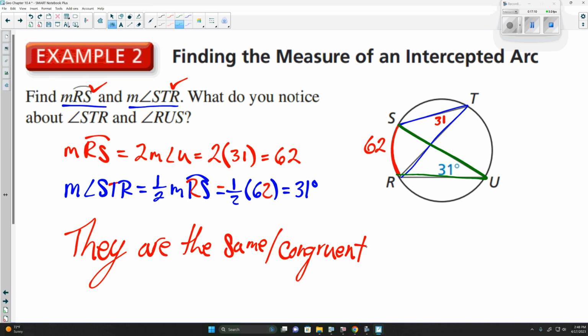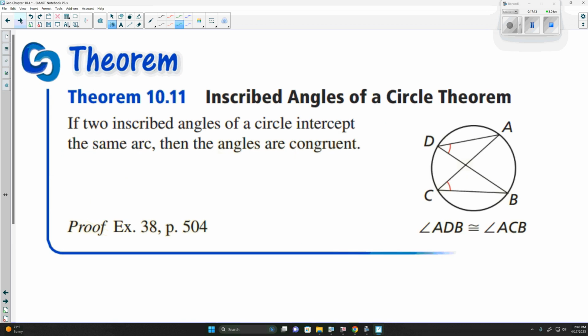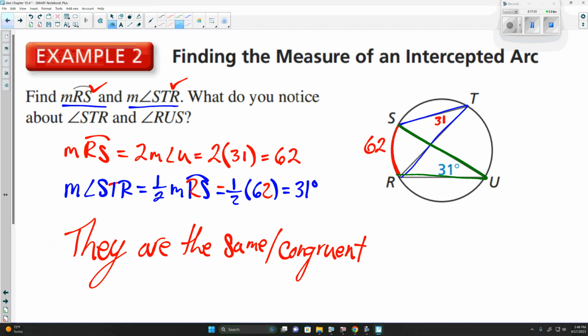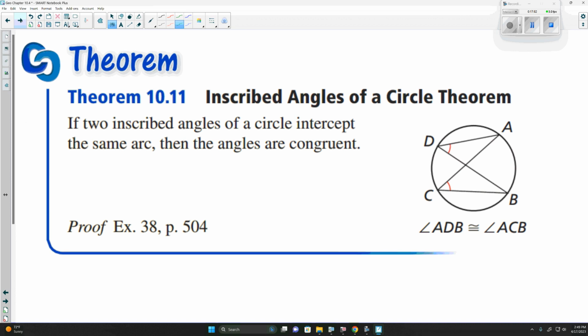Well, I think we have a theorem right below this problem, don't we? If two inscribed angles of a circle intercept the same arc, then the angles are congruent. So knowing this, because we know that STR and RUS share the same arc, they should be the same angle. Because they're both connected to SR, they're both half that same arc. So they have to be the same. And that's what this is saying here.